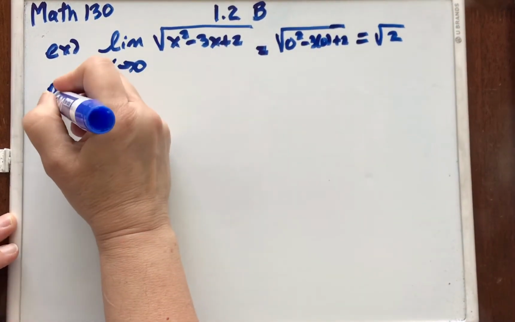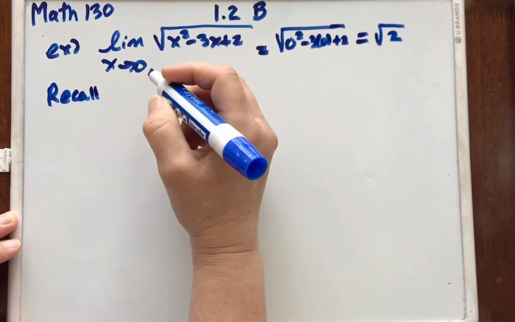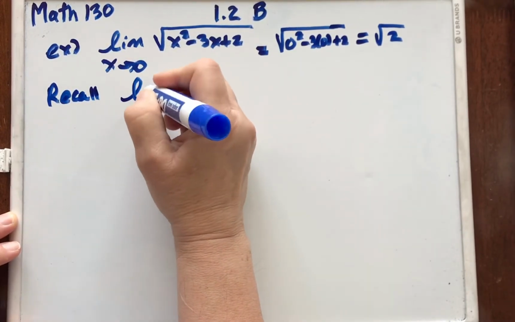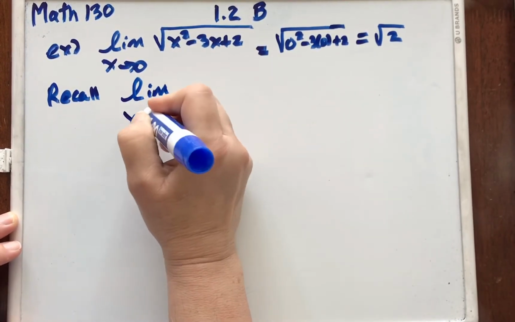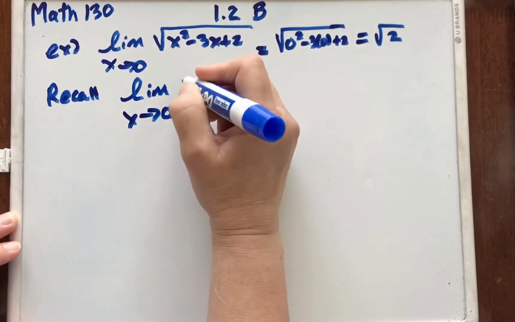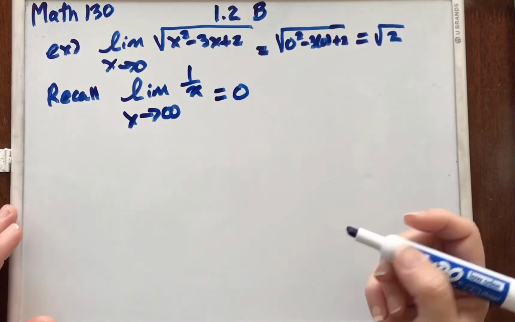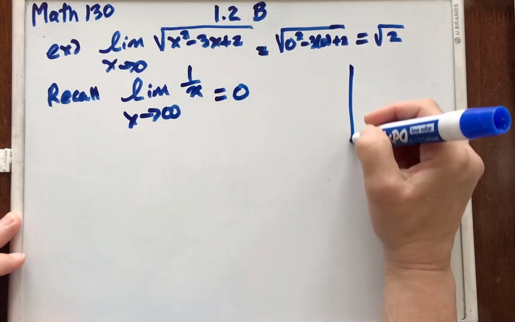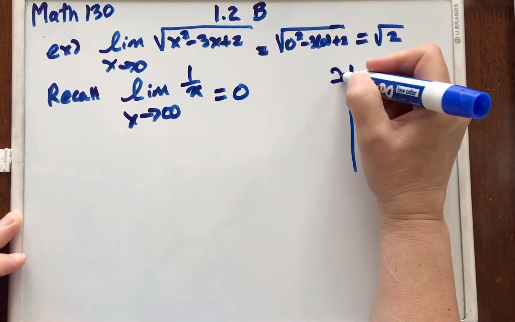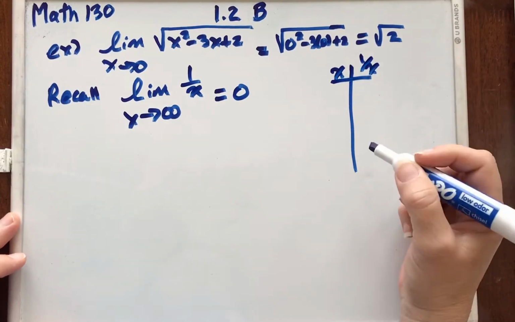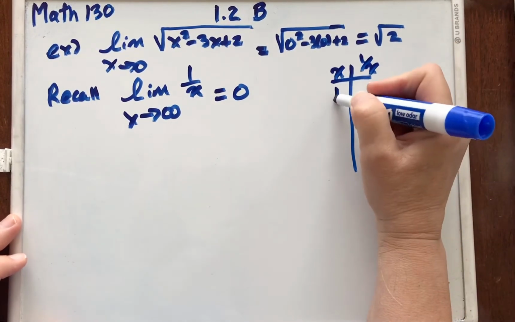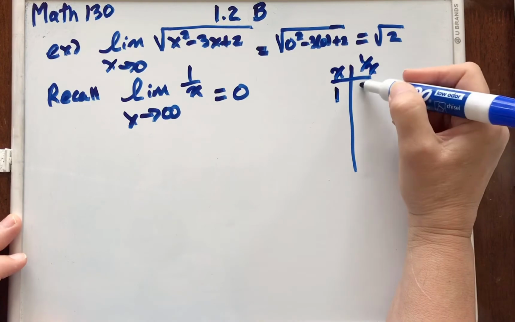Recall we had learned that the limit as x approaches infinity of 1 over x equals 0. Now, if you don't remember why, let's take a quick look at that. If we put a 1 into 1 over x, we get 1.